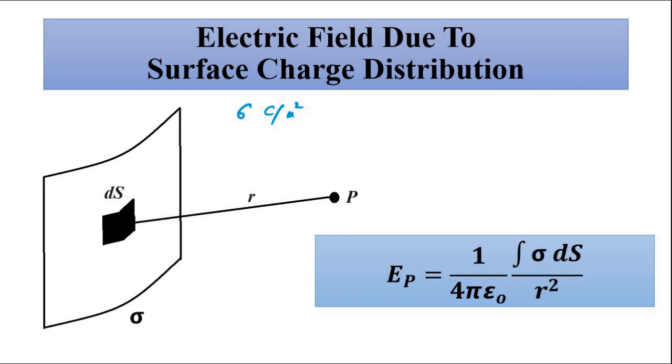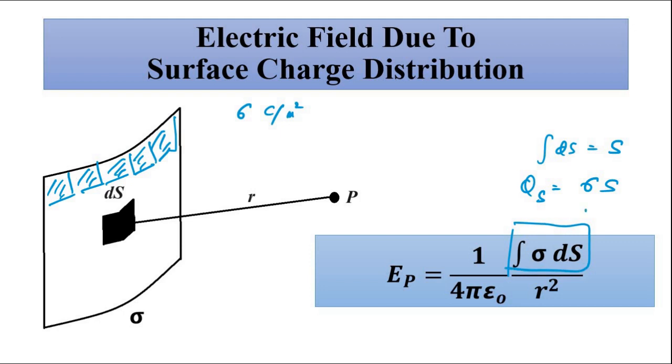Here we divide this entire thing into small surface elements and then we integrate the whole thing to get the whole surface area, and then we multiply the surface charge density to get the total charge distributed over the entire sheet. So that gives us 1 by 4 pi epsilon 0 integration of sigma ds by r square. This gives us the total charge distributed over the entire sheet.